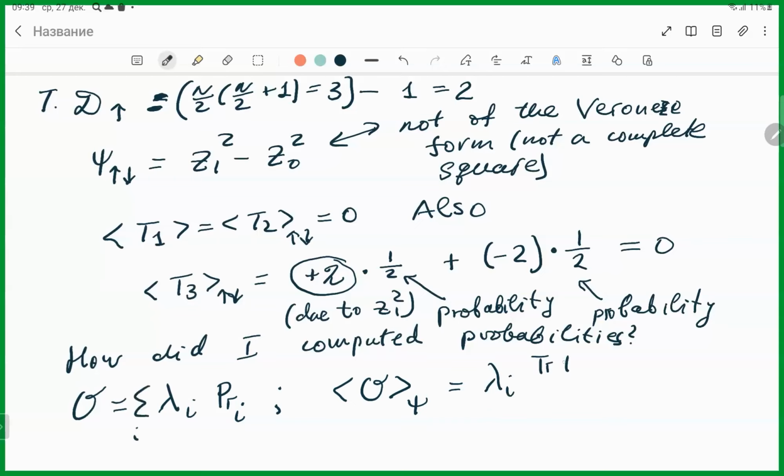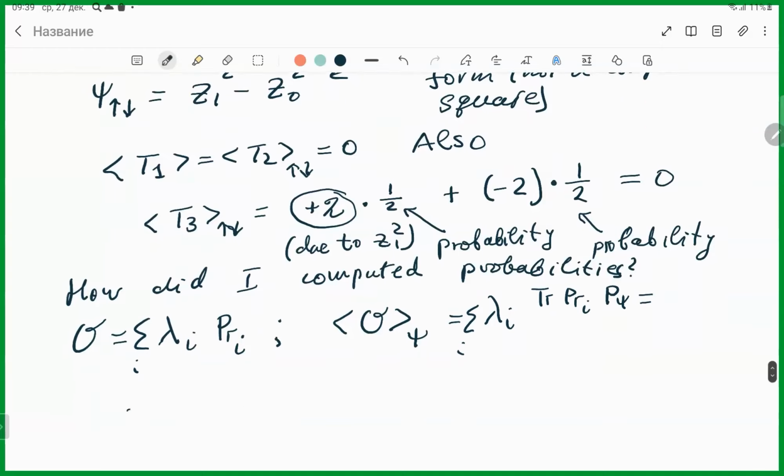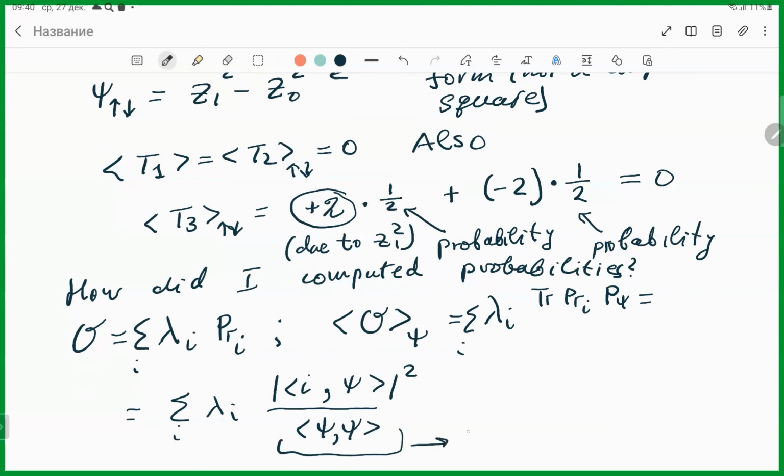And here I have the trace of the projector on the ith eigenspace, projector on psi, that is sum over i, lambda i, sorry. So this is the probability.